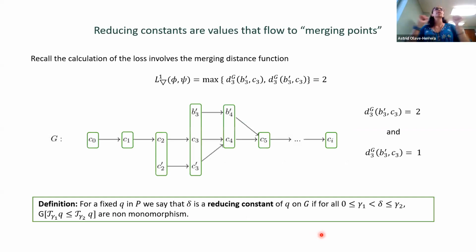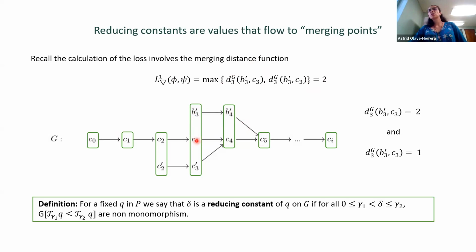So perfect timing. So recall that the calculation of the loss involves the merging distance function. So for example, if we take the triangle, the finite one, so maybe we start here, maybe we're going down somewhere and coming back. The loss was defined by the distance between the elements. So if we go back to our example, we saw that B3 prime and C3, the distance is equal to 2.